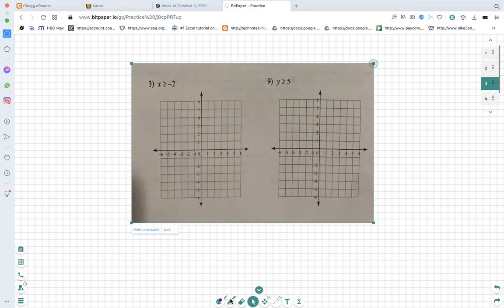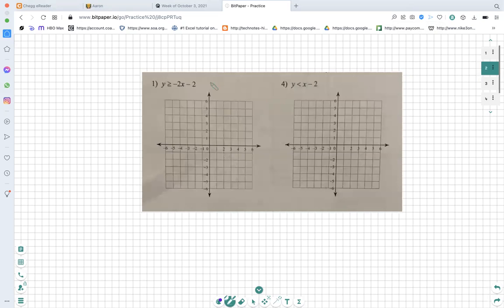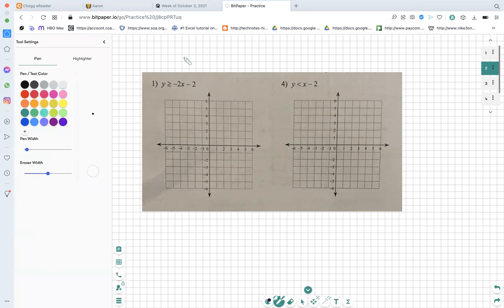All right, this is how we do these guys. Start with these ones. If you remember, y equals mx plus b.